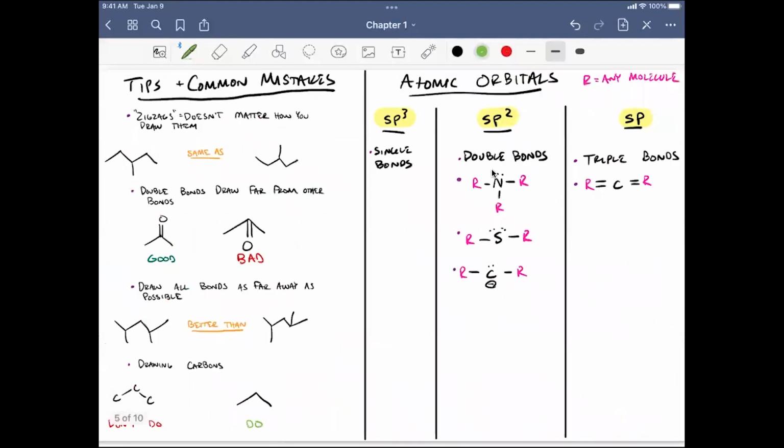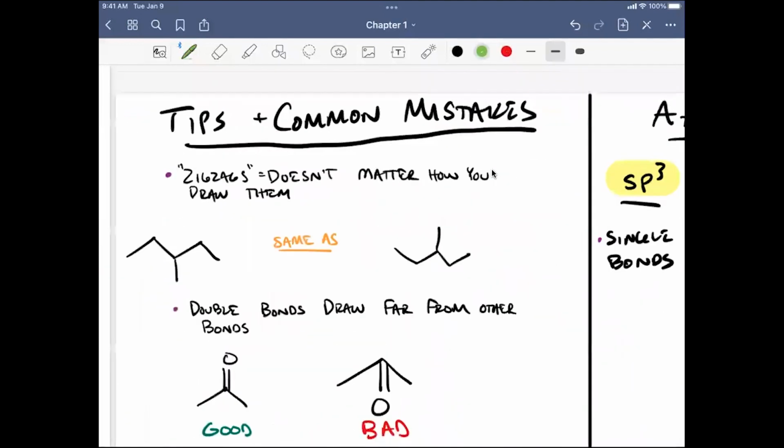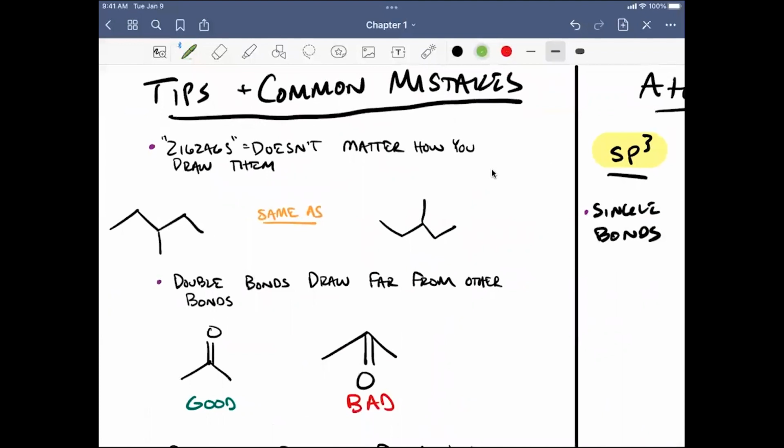Okay. So that's about drawing bond line structures, and some tips and common mistakes that you'll see, kind of stuff you want to avoid. Some tips that are shown right here: for the zigzags, you can show them in any orientation. So it doesn't matter if you have it starting like this of a zigzag or if you have it starting like this.